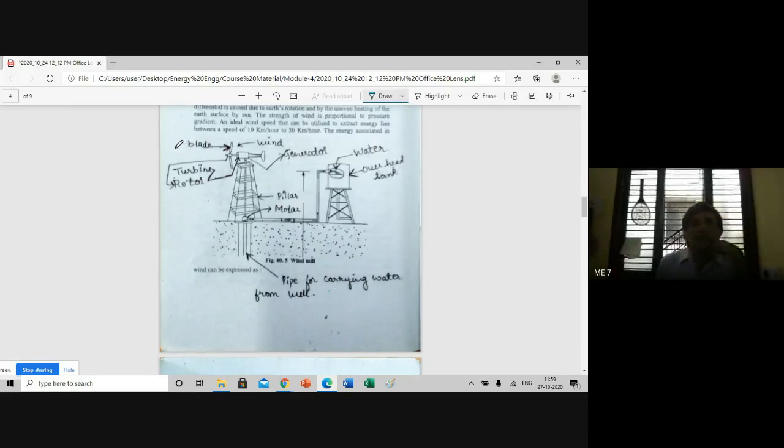Air can blow in this direction or in this direction. Air blowing direction again depends upon the design of the blade. One is upwind. This is upwind air, up direction.